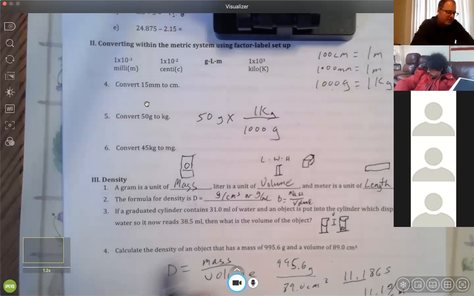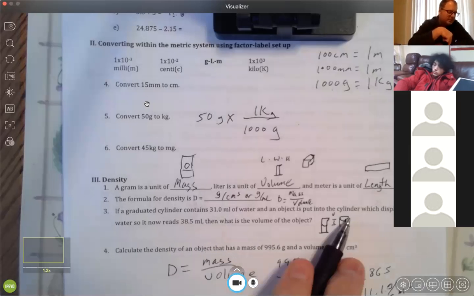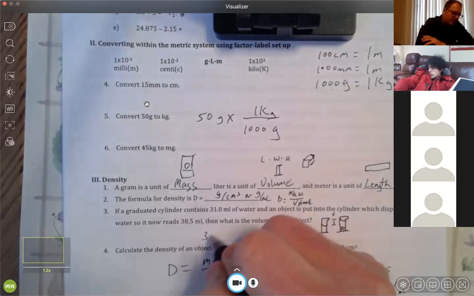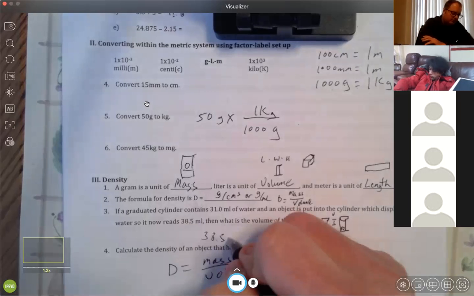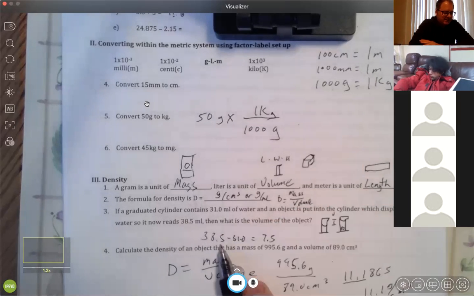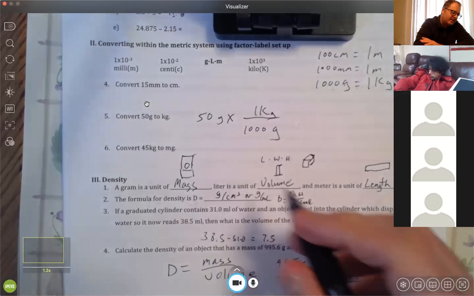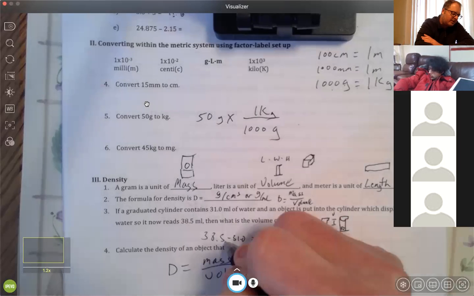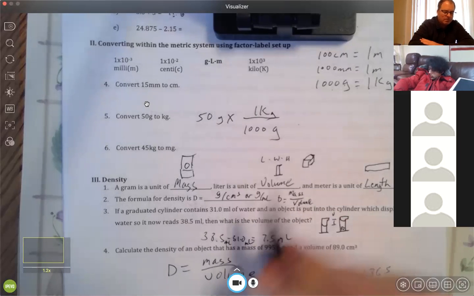So if it's 38.5 after we drop the object in, and it was 31 before, 38.5 minus 31. It's 7.5. 7.5 to correct significant digits. This goes out to the 10th place. This goes out to the 10th place. So we got to the 10th place. Since it's subtraction, the units milliliter and milliliter become milliliter.